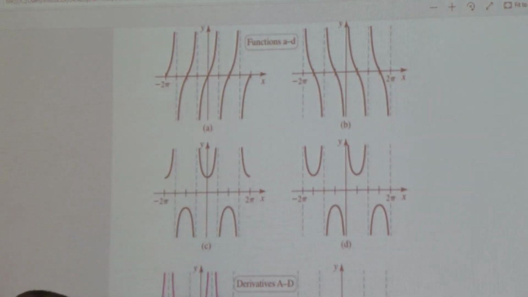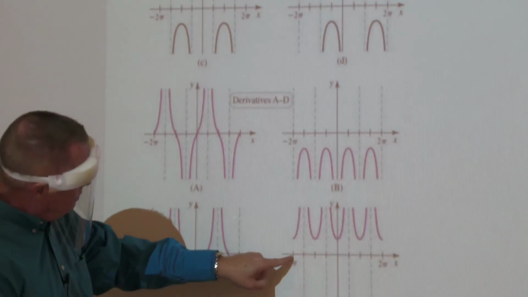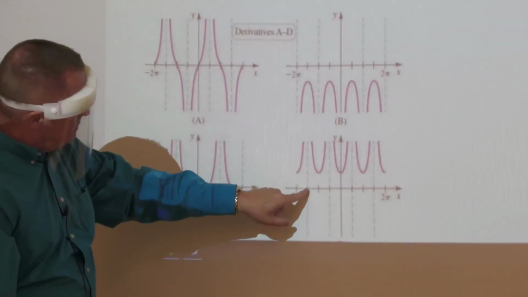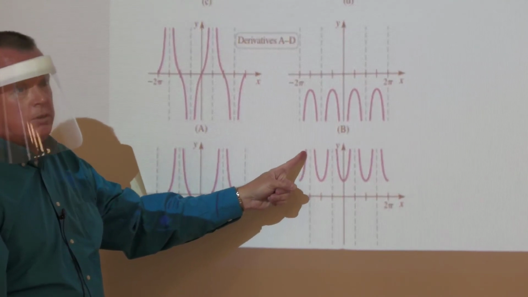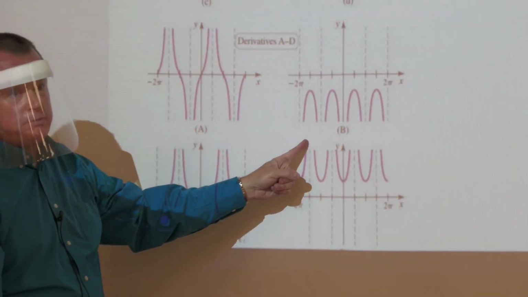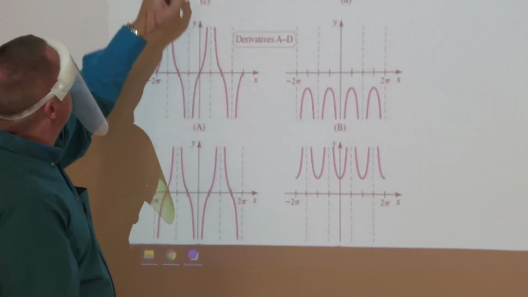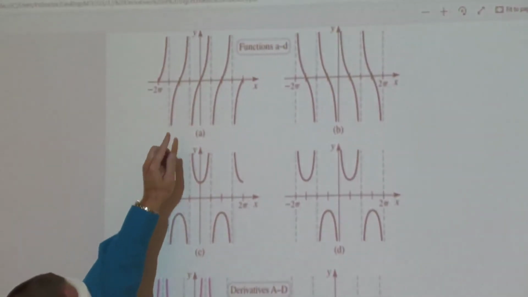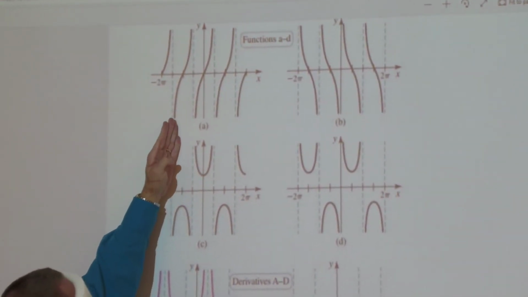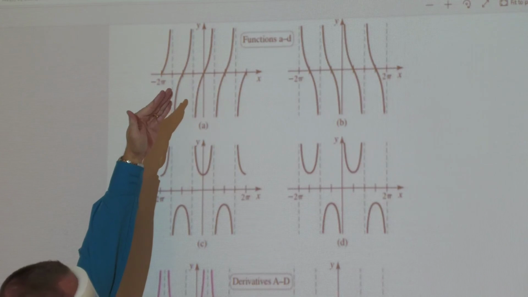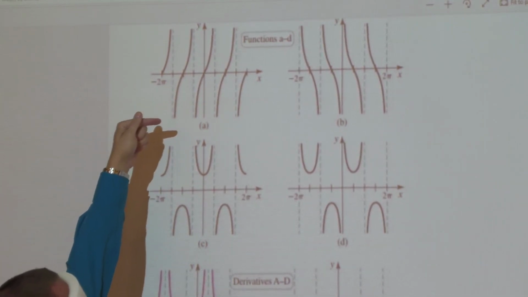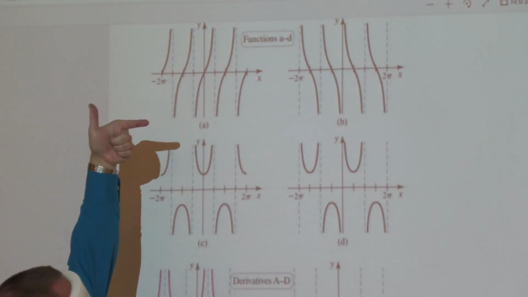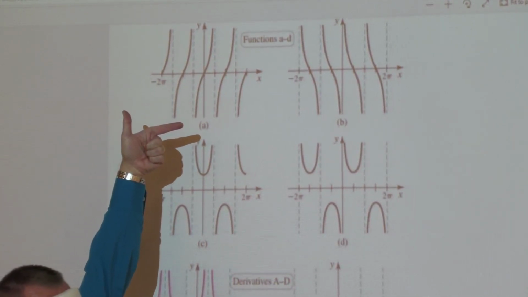From negative 2 pi to the asymptote, it goes up and gets steeper, steeper, steeper. When we get to here, we have a really steep slope, and then it starts coming in until it's this way on the x-axis.